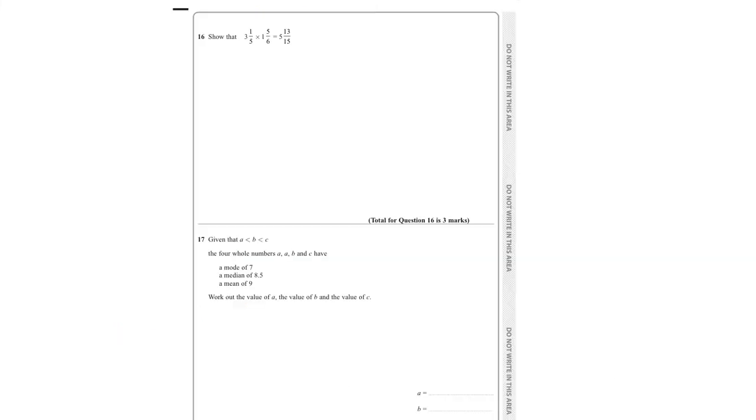Perfect. So now we've done questions 1 to 15 on the foundation paper. Believe it or not, question 16 onwards, 16 to 26, I think, question 16 is actually question 1 on the higher paper of this series.